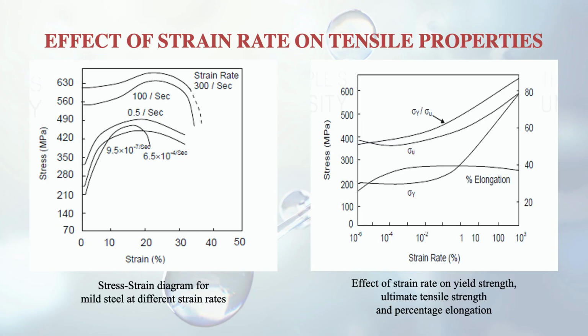So as soon as the load becomes an impact type of load, meaning a high load acting within seconds, what will happen due to that? The ductility of the material will reduce. Like you can see here also, ductility is going down. Here in the top figure you see it is coming to the fracture point very quickly, so the ductility is reducing, the percentage elongation is reducing.